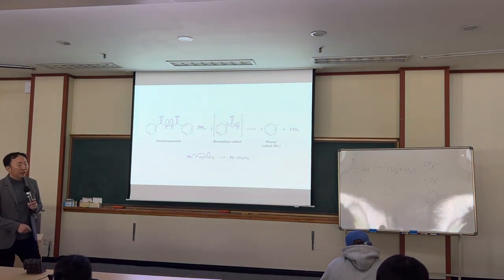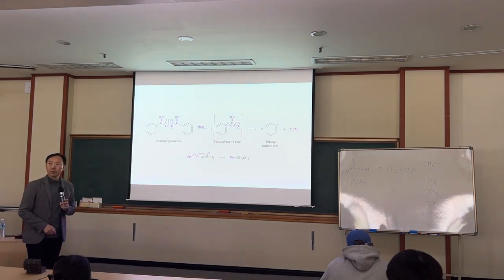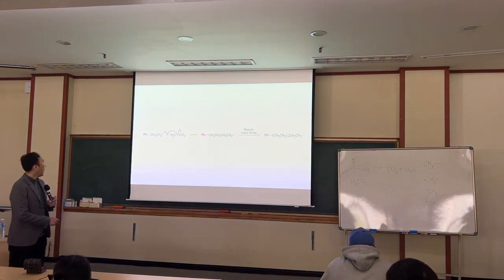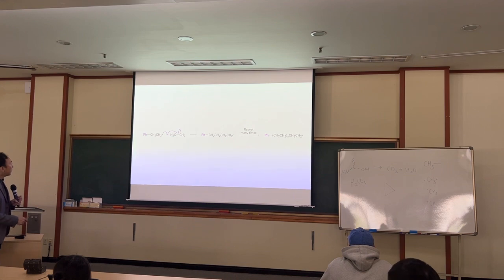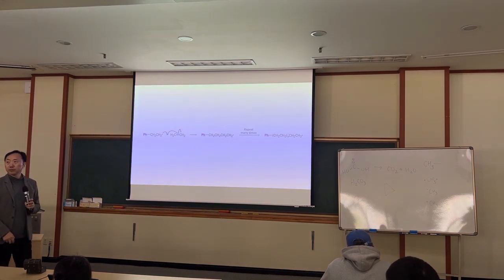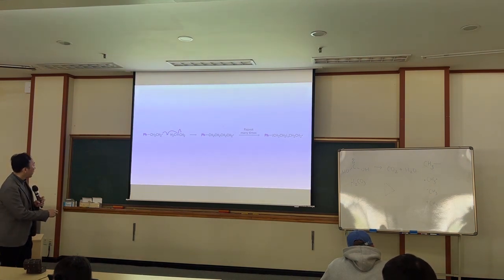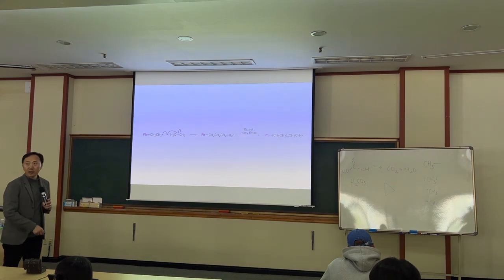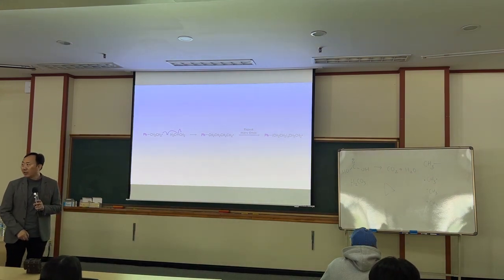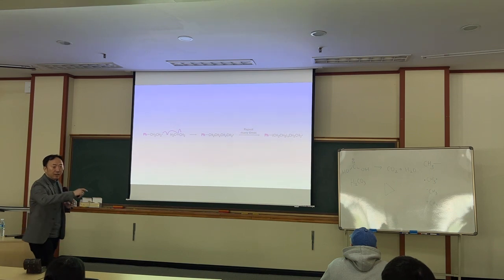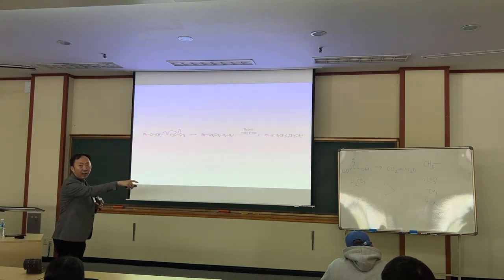After the reaction, the radical is still on that molecule, and this radical can react with another molecule. If a bond forms here, then this radical is regenerated here. It doesn't die. The radical moves to the next and next.